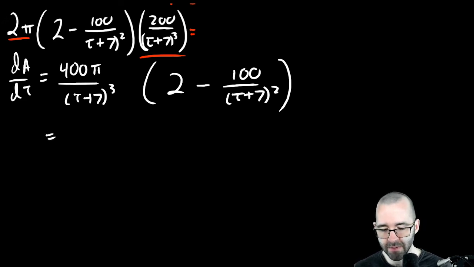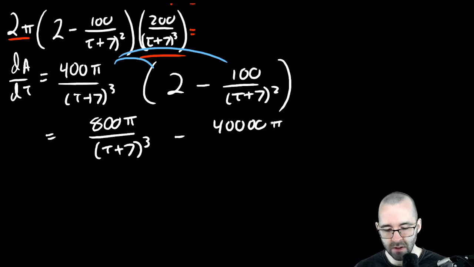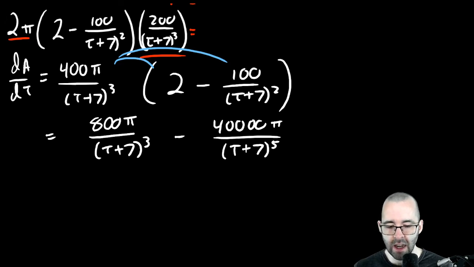Let's distribute. If we distribute, the first one just becomes 800 pi over t plus 7 cubed. The next one becomes 400 times 100, which adds 2 more zeros, 40,000 pi over t plus 7 to the 5th. And then if we wanted to combine into a common fraction, this first one would need a t plus 7 squared.